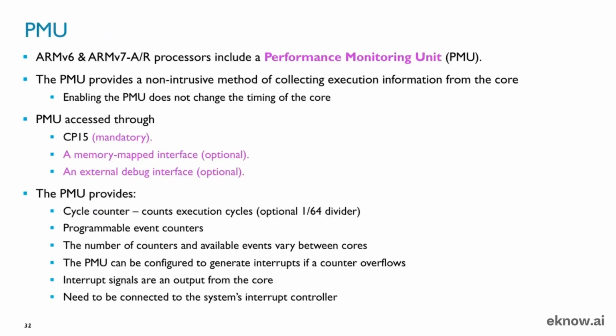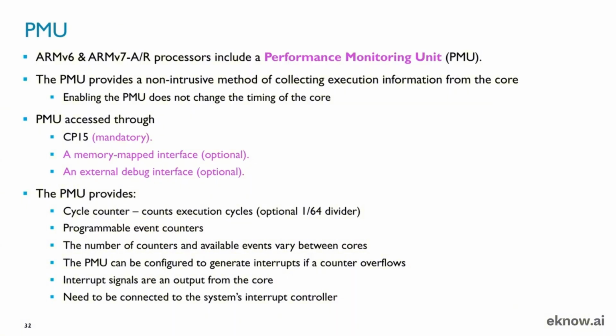In many modern processors, particularly those based on ARMv6 and the ARMv7-A and R profiles, we find a very useful hardware block called the Performance Monitoring Unit, or PMU. Its job is to help us understand what the processor is doing and how efficiently it's running. Think of it as a sophisticated diagnostic tool or a fitness tracker for the CPU.